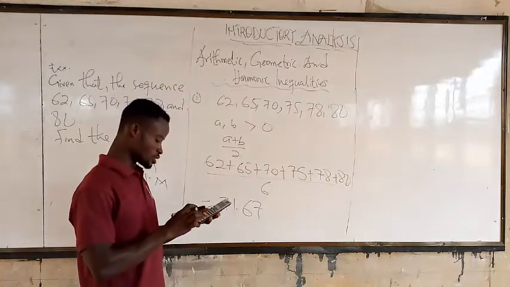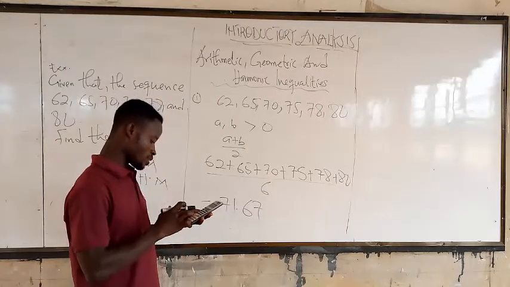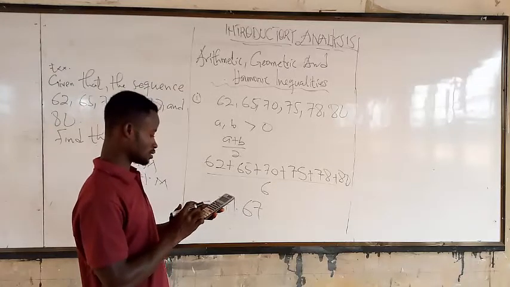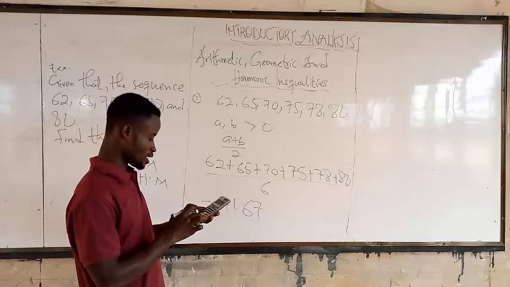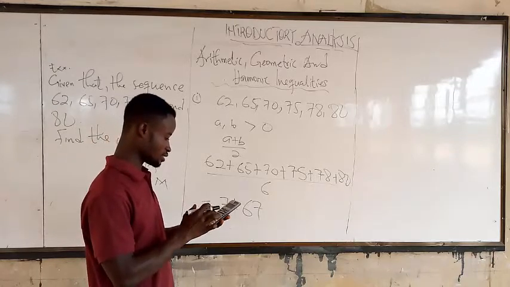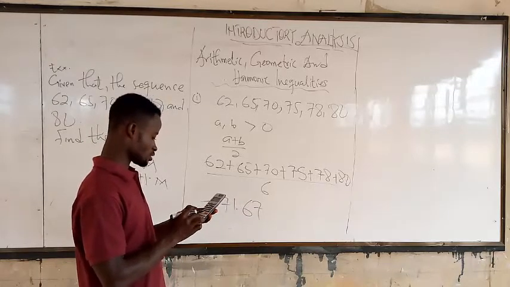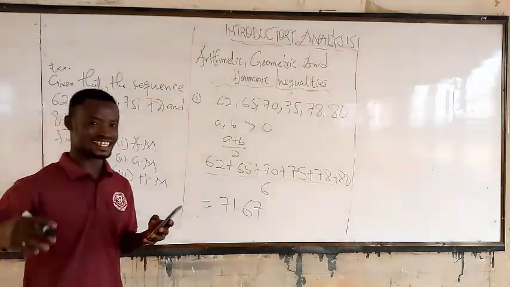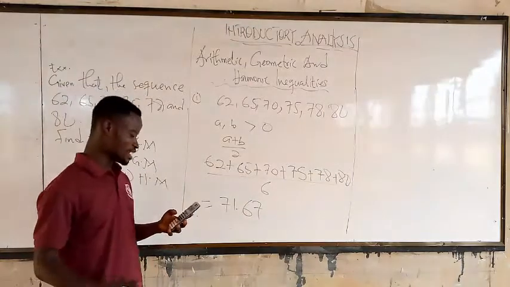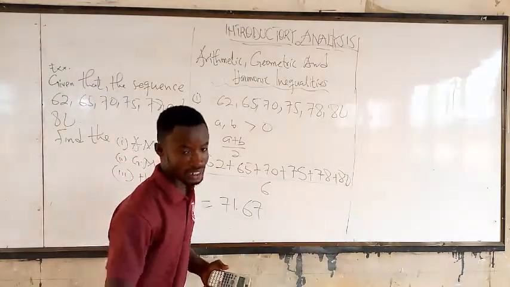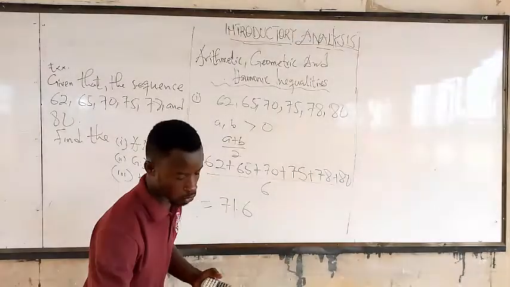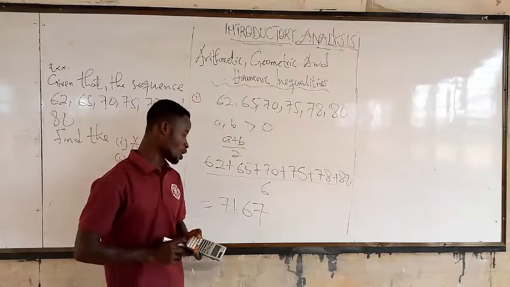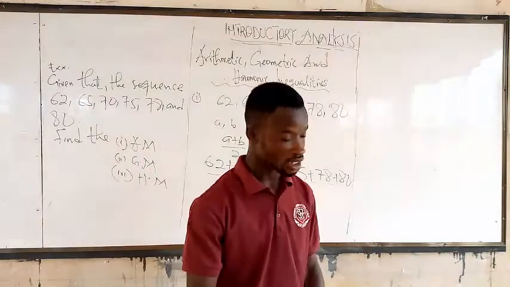Take the calculator: 62 plus 65 plus 70 plus 75 plus 78 plus 80, all this over 6. That gives 71.6687. Let's leave it in 2 decimal places, and we're going to get 71.67.